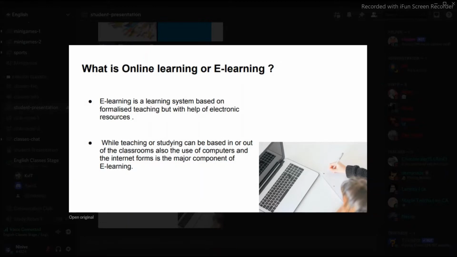Teachers or students don't have to go to the classrooms. They will be using their internet connections and their devices to learn about something or to teach something. Next, please.